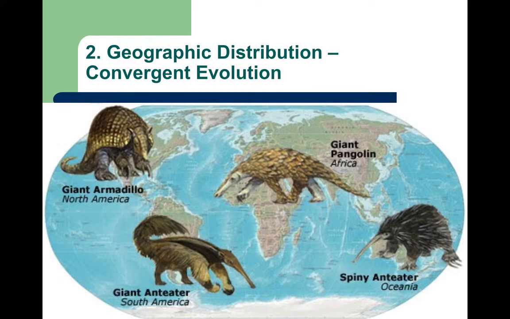In this case, ants or small crawly things. This is an example of how the geography can distribute similar traits, allowing animals to evolve these traits. They are not related to one another, but it's because of their environment that they are evolving similar traits.